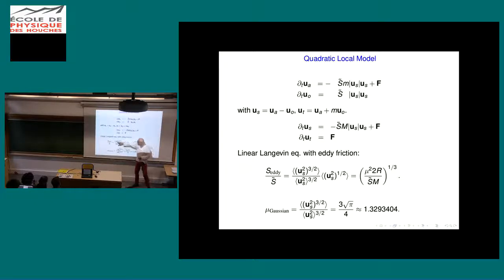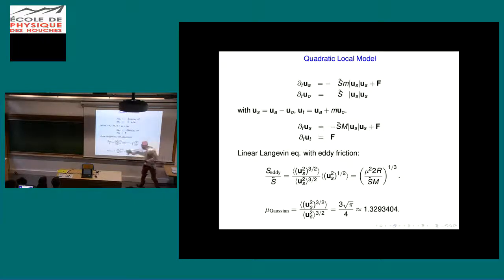It's the average of u squared to the power of 3/2 divided by the average of u squared to the power of 3/2 times this value, and you can give an analytic formula which only depends on nu, where nu is given by this here.